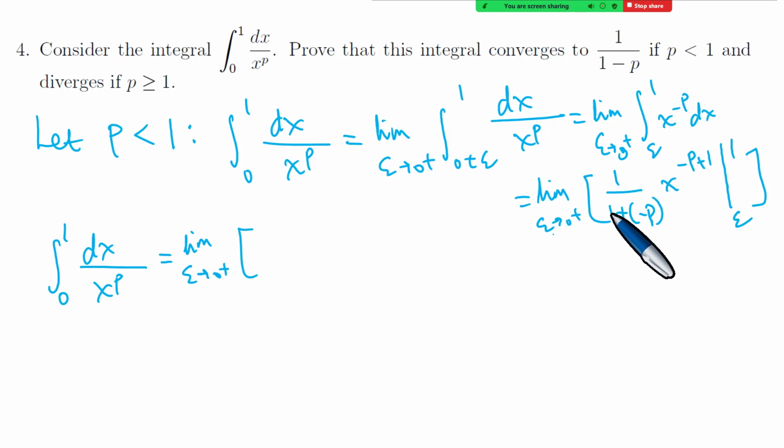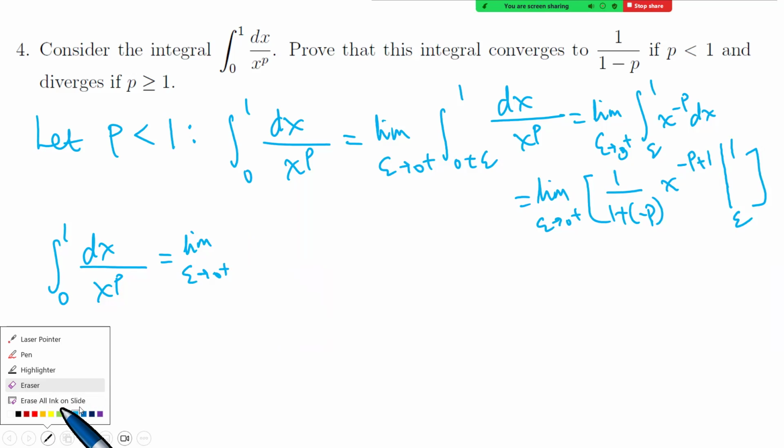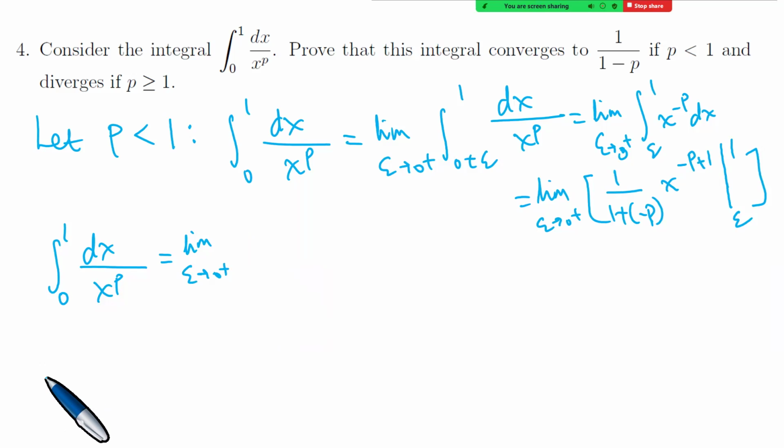Okay, so now you can just take out the 1 over the expression in terms of p, which is minus p plus 1.